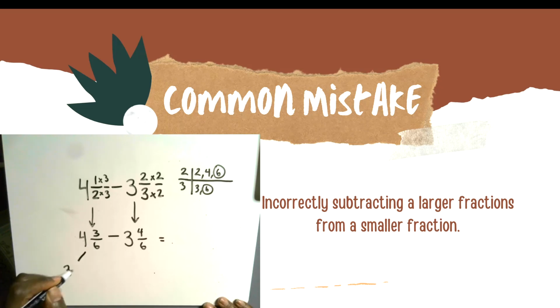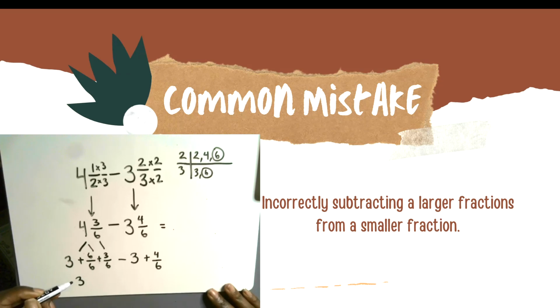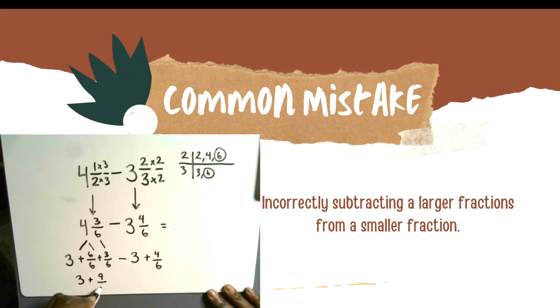This could be 3 wholes plus 6 sixths plus 3 sixths. Okay, that's what this would be, right? And then they would do minus 3 plus 4 sixths. So then this becomes 3 plus 9 over 6 minus 3 plus 4 over 6.